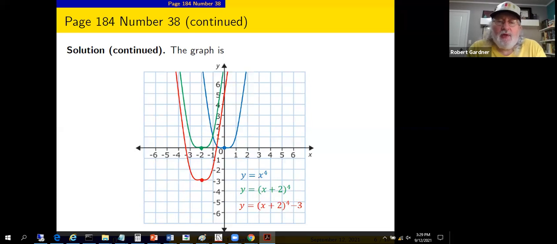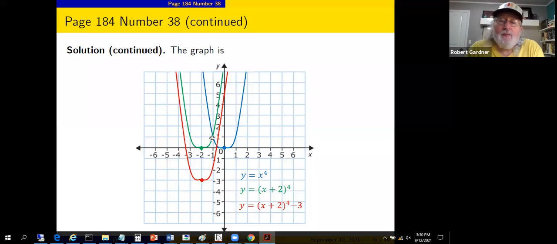Any other target points, key points, I think the book called them, when we were doing transformations. X to the fourth, so 4 is even. We've also got this point 1, 1 and this point -1, 1, and notice they got shifted over and down as well. For example, the point 1, 1 translated to the left 2 units and down 3 units. Here's the corresponding point. By the way, it's the point -1, -2.